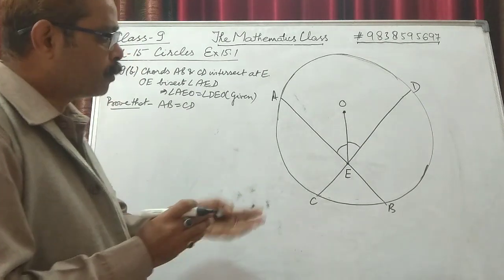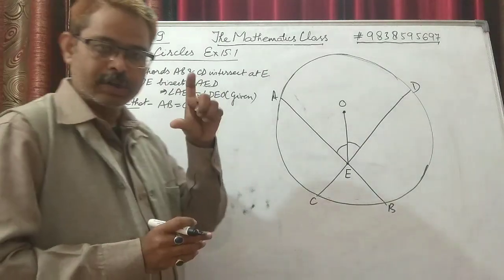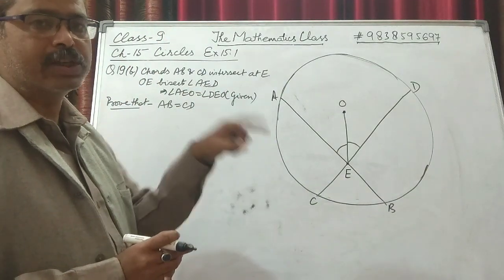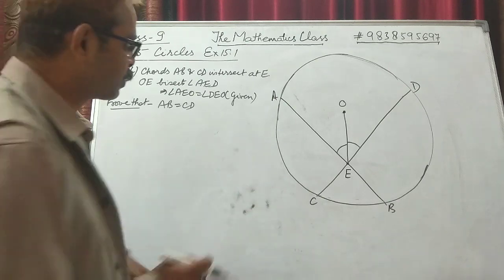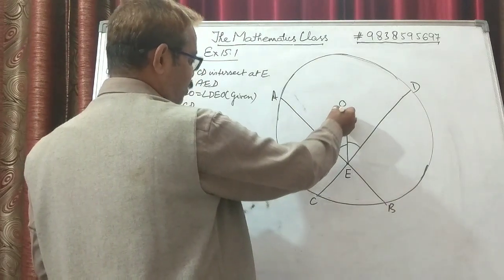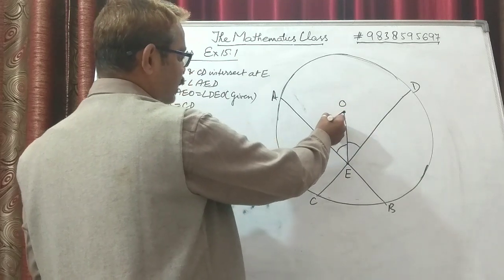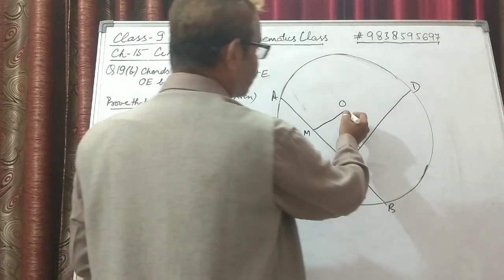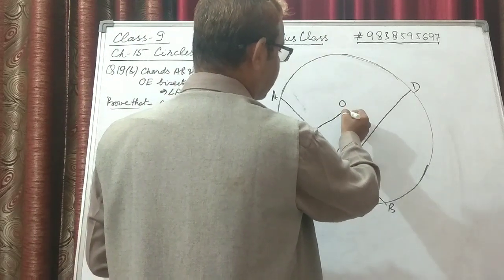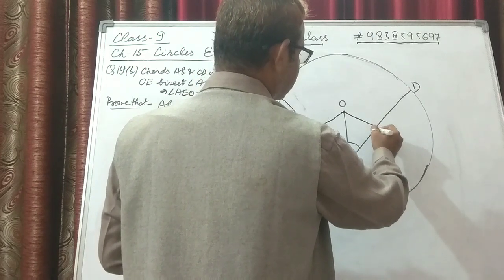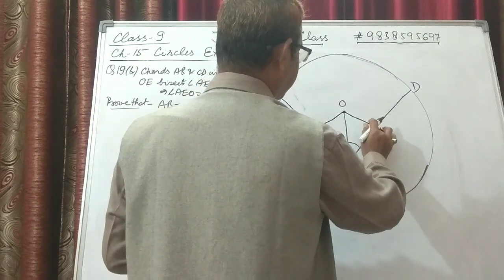So our main objective is to draw the perpendiculars and prove that the lengths of both these perpendiculars on the chords are equal. So I am drawing a perpendicular from the center on the chord AB. Let us name it M. And similarly I am drawing a perpendicular on CD, and let us say it is N. This is the construction that I am doing.